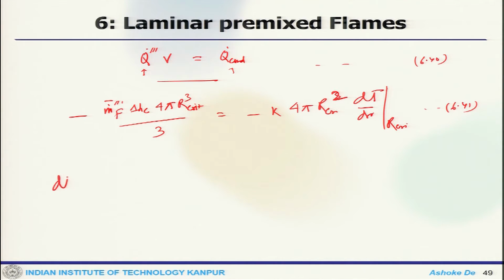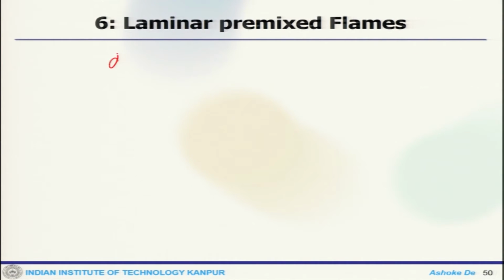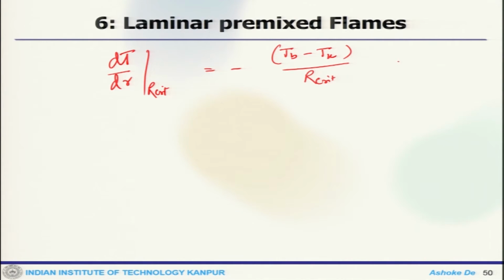Here dT by dr at R critical can be obtained from the temperature distribution, and R will lie between infinity and R critical. Then from the temperature distribution, one can write dT by dr at R critical is nothing but Tb minus Tu by R critical.